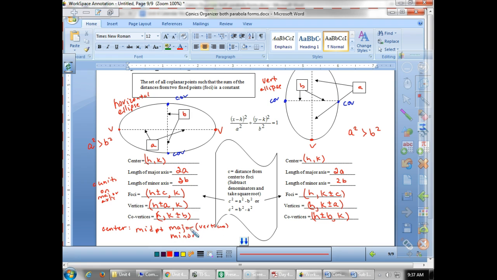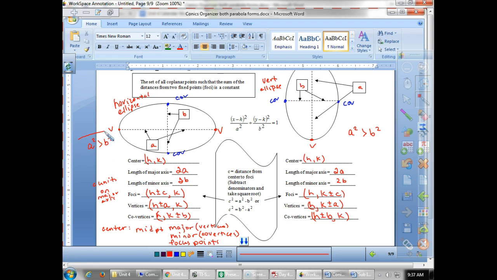I'm pairing this up here because it's kind of the same information. Or the midpoint between the co-vertices, or the midpoint between your two focus points. It's the center of everything. And I think that pretty much does it.